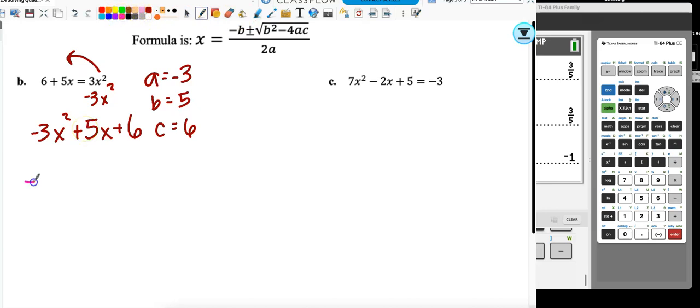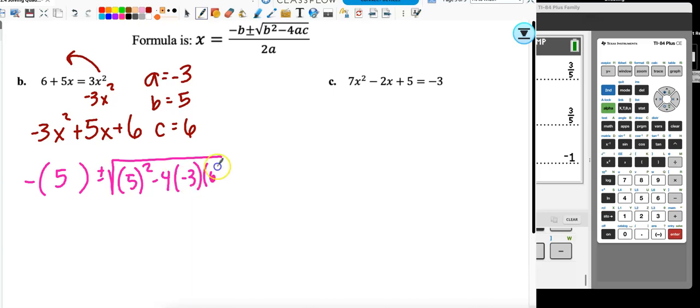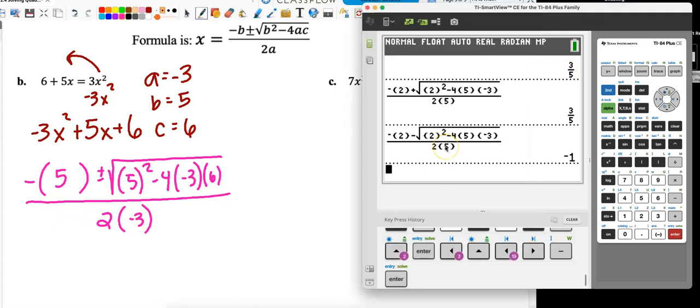I'm going to have negative parentheses my B, which is 5, plus or minus square root, really big, B squared, 5 squared minus 4, your A is negative 3, your C is 6, all over 2, and then your A of a negative 3. So again, you could straight type this in the calculator right here.